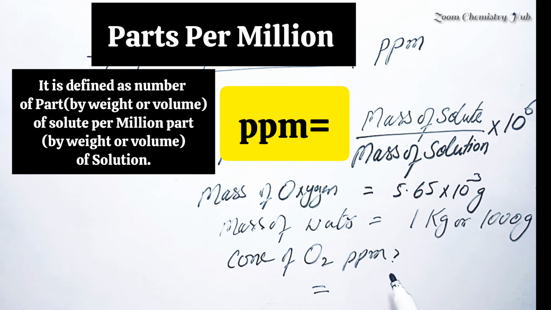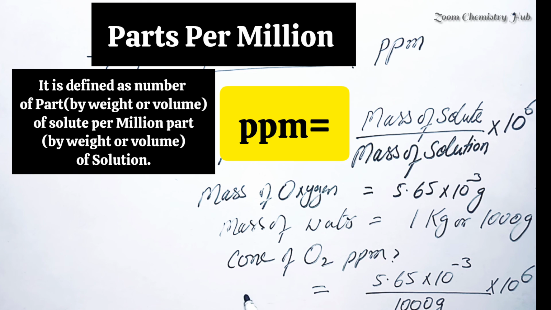So we write here the mass of solute, that is 5.65 multiplied by 10 raised to power minus 3, divided by mass of solution, that is the mass of water, 1000 gram, multiplied by 10 raised to power 6, and we calculate the value, that is 5.65 ppm of oxygen in 1000 gram of water.